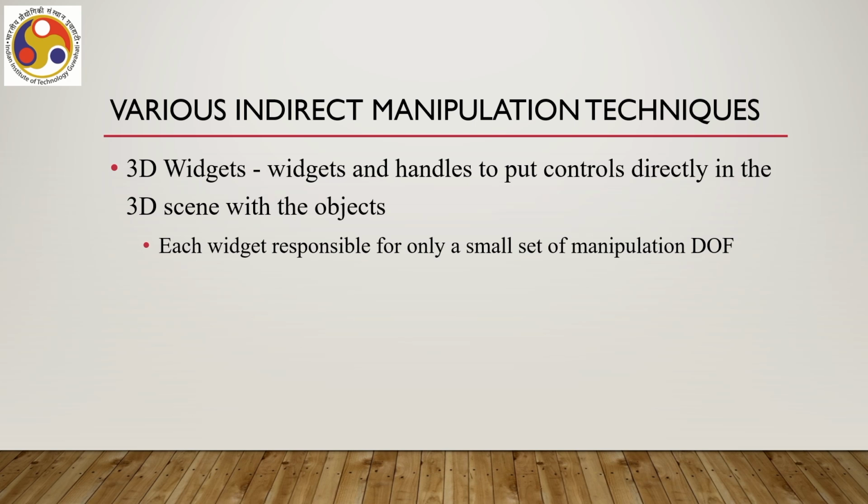A simple way of doing this is using the 3D widgets. We are already familiar with such widgets. Say for example, if I want to scroll up or down a page, I can directly do so, or I can use a scroll bar to do so. Now, usage of a scroll bar is essentially an indirect way of manipulating the interface. Here I am not directly moving the page up or down, instead I am moving the scroll bar up and down, and correspondingly the page is moving up and down. So, that is an example of a 2D widget.